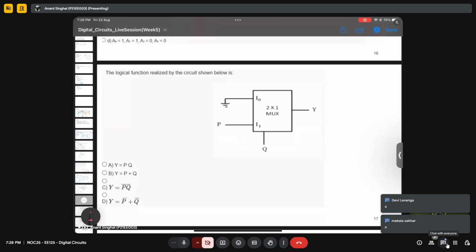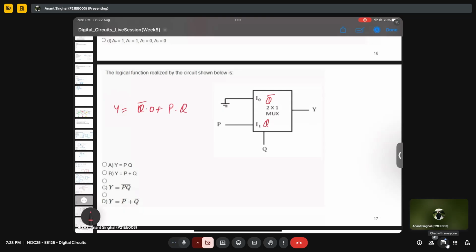I'm getting very quick answers, which is A. Since this is Q, this will be Q bar, this is Q. So Y will be Q bar times 0 plus P times Q, which is PQ only, which is option A.